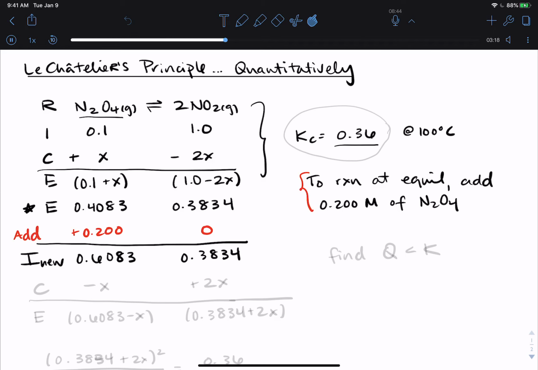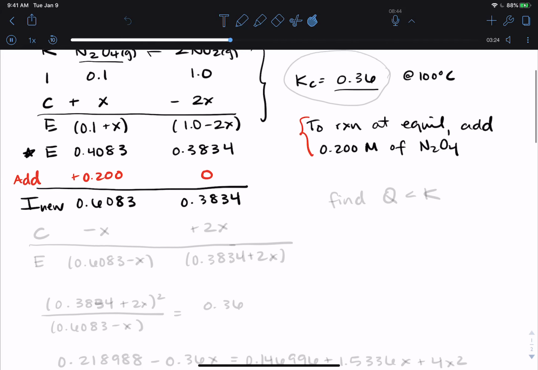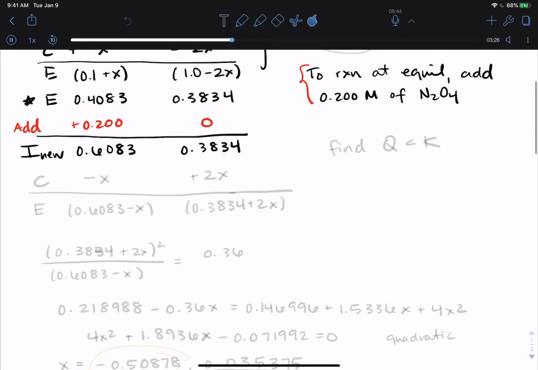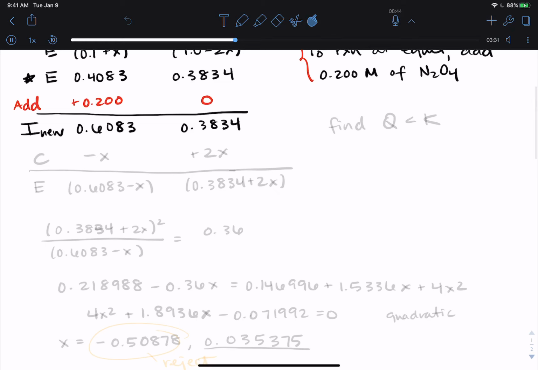Now, we know that the reaction's going to move. Because of Le Chatelier's principle, it's going to reestablish equilibrium. We also know which direction it's going to move. It will move to minimize the disturbance. It will move to the right.